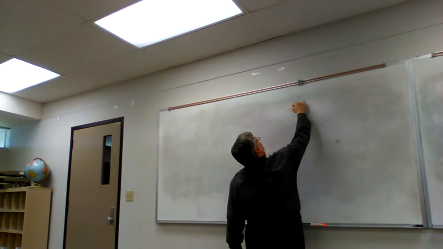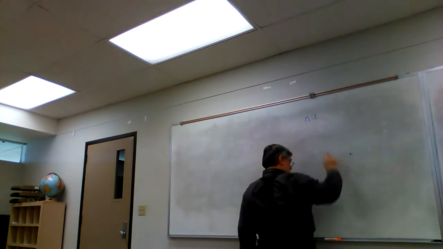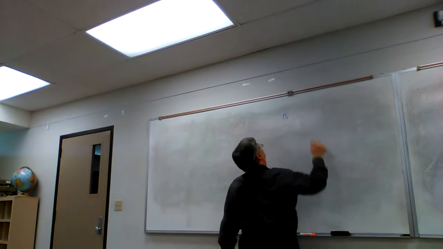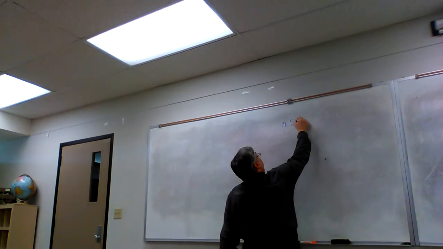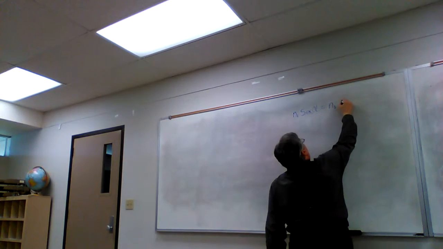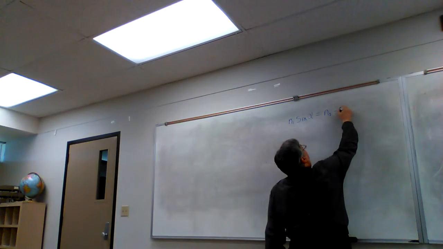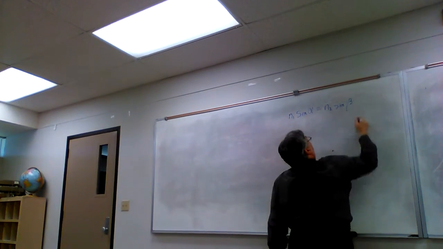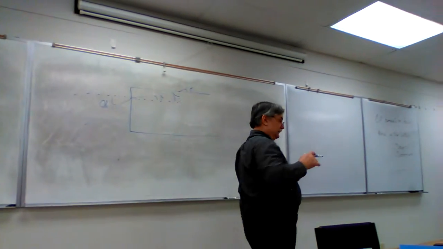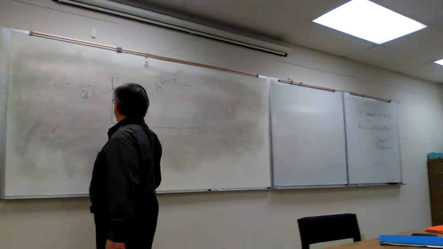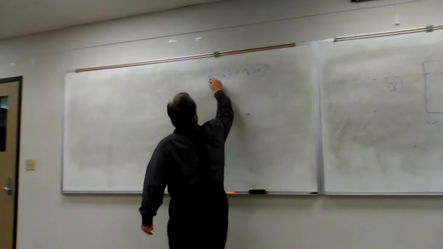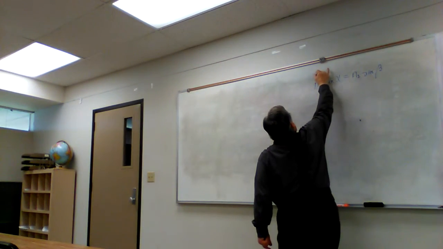We know that N1 sine alpha, N1 times sine of alpha will be equal to N2 sine beta. N1, of course, is air. This is air. And so N1 is just 1.